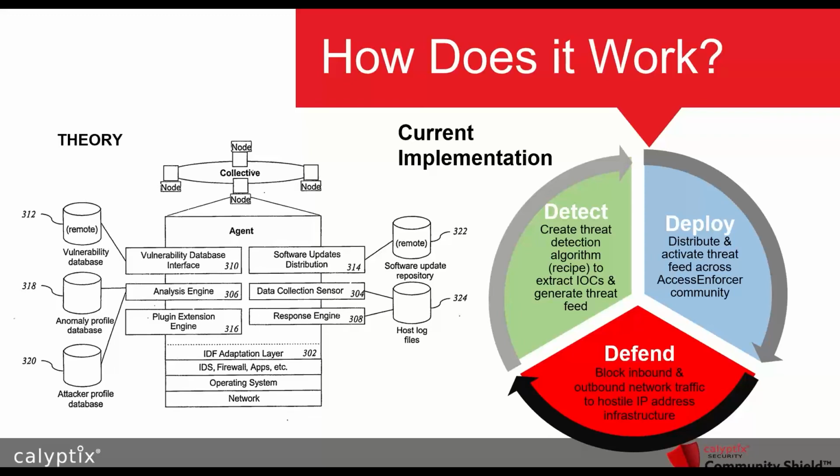So Lawrence, do you have anything else on this? What is interesting to me is when I look at your theory, the stack on the bottom, that's an access enforcer, right? It's not perfect, but basically it's a platform that has a collection sensor on it. We update the software. We have a response engine, in terms of the Community Shield.